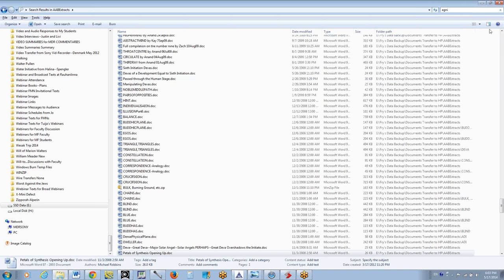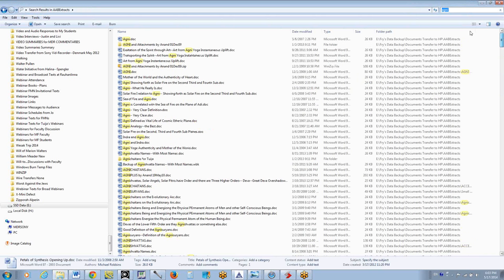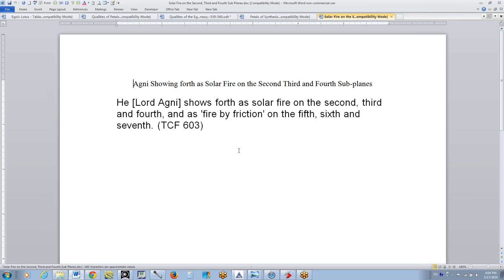Agni is correlated with the sea of fire, yes. Solar fire on the second, third, and fourth subplanes. Here we go. He, Lord Agni, shows forth as solar fire.